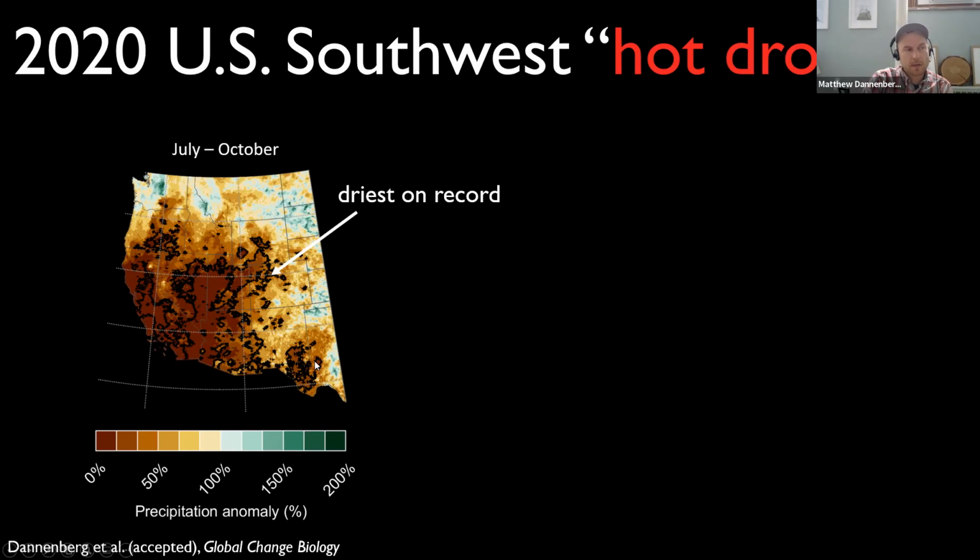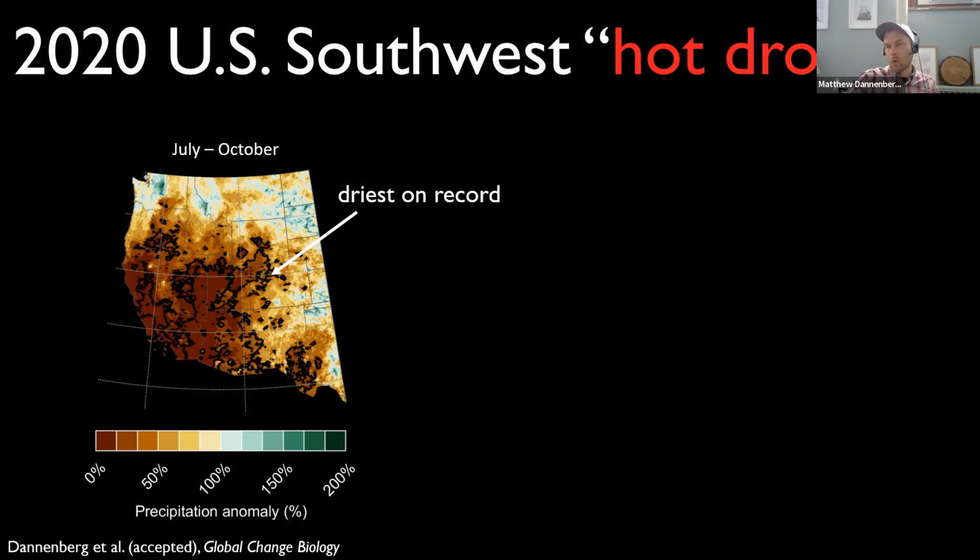And so you can see that across the region, precipitation was pretty exceptionally low, on the order of 0 to 50% of normal for much of the Southwest. What's really remarkable, though, is that all of the places outlined in black on this map are places where that precipitation was actually a record low going back to 1895.